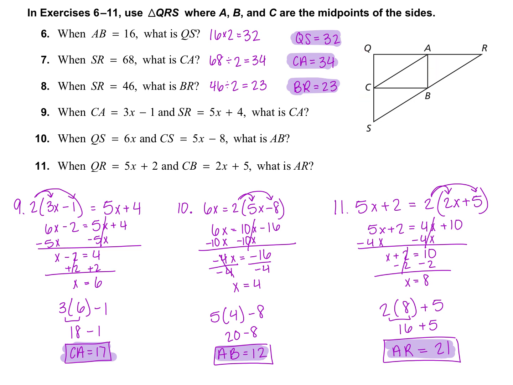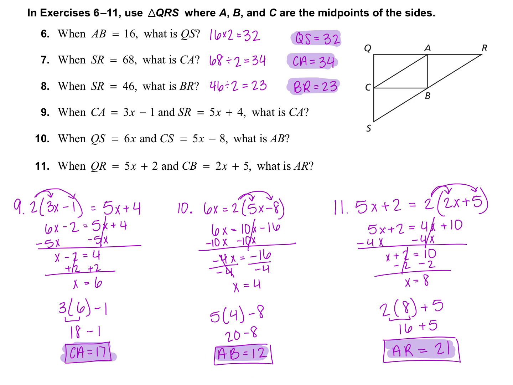So first I had to solve for x. I did QS equals double CS. So I doubled my CS. I solved for x, and then I plugged it back into CS, because CS is the same as AB, and your answer should have been 12.